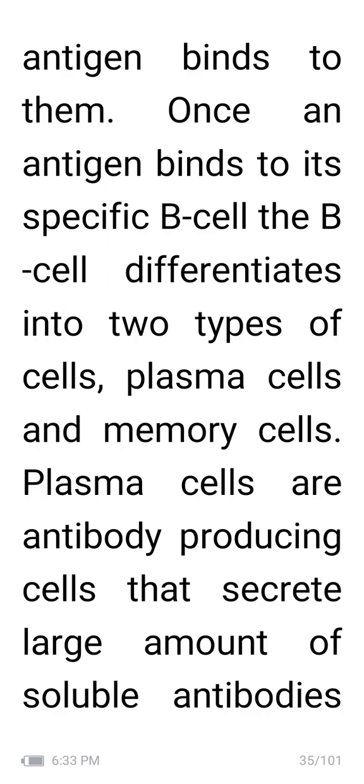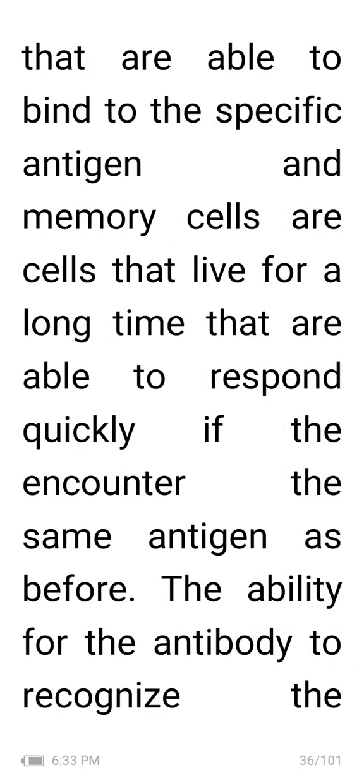Once an antigen binds to its specific B cell, the B cell differentiates into two types of cells, plasma cells and memory cells. Plasma cells are antibody producing cells that secrete large amounts of soluble antibodies that are able to bind to the specific antigen, and memory cells are cells that live for a long time that are able to respond quickly if they encounter the same antigen as before.